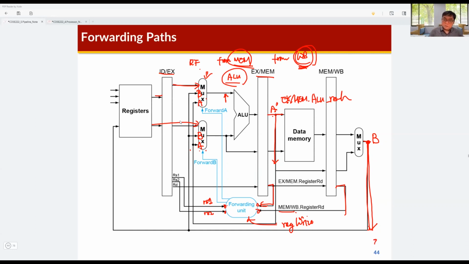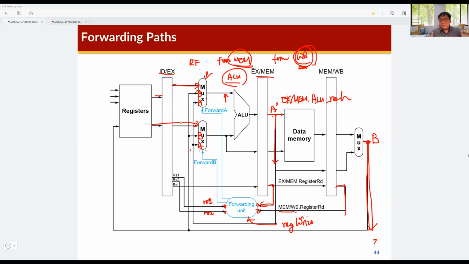Okay, try to understand the forwarding path. This is very important. Because if we build an incorrect forwarding path, then the processor will generate an incorrect result. So we need to build the correct forwarding path.